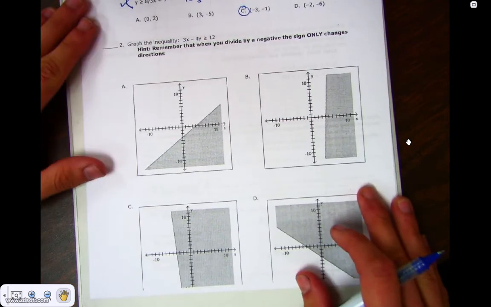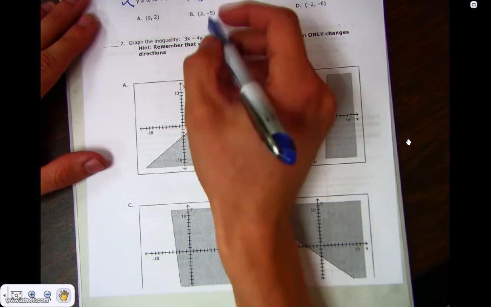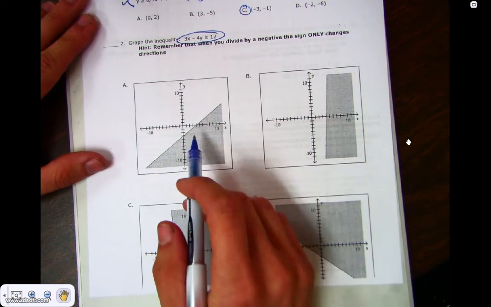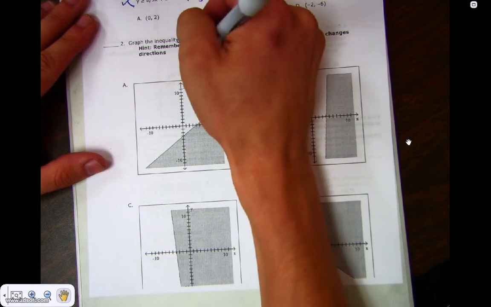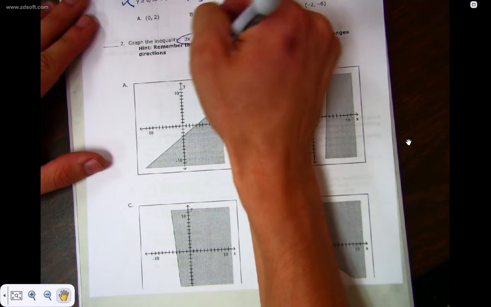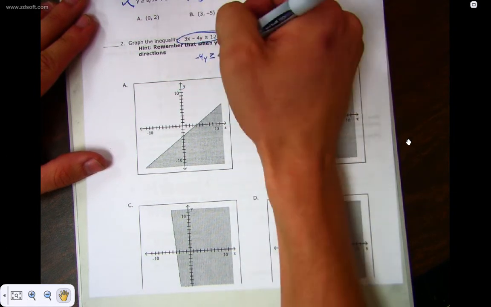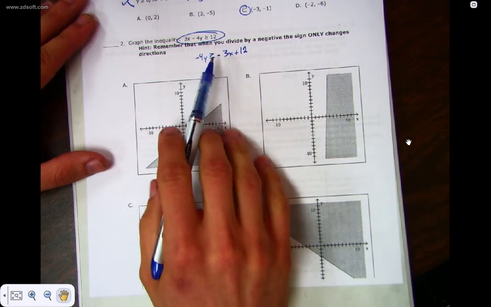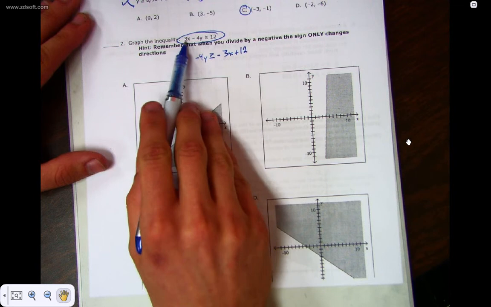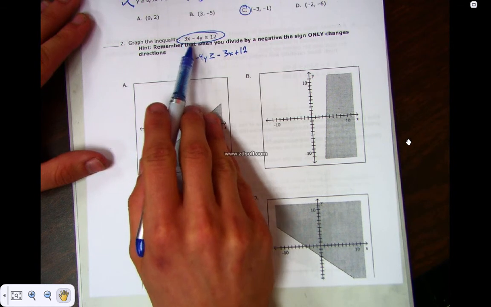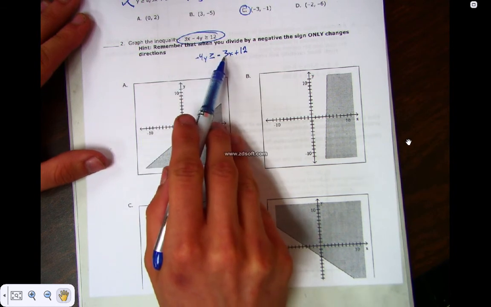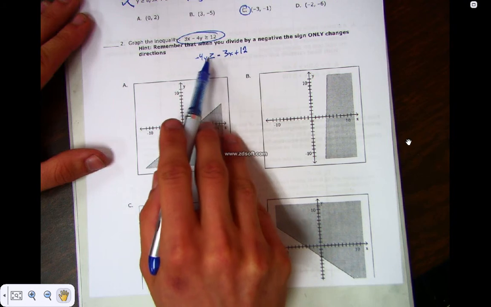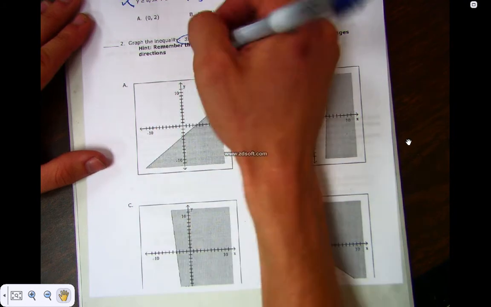It says graph the inequality. Well, if I'm going to graph something, that's what I'm graphing. If I'm going to graph that, I need to solve for y. So I've got -4y greater than or equal to -3x plus 12. If you're confused about why I wrote it like that, all I did was take that positive 3x and move it to the other side and make it negative. Now the next step I'm going to do is divide by -4.